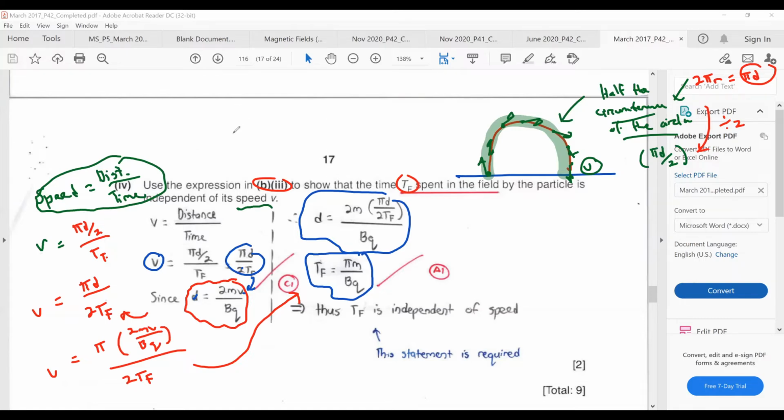Then after that, the next one you can have a look at is page 14. So have a look at page 14 if you're okay with this.